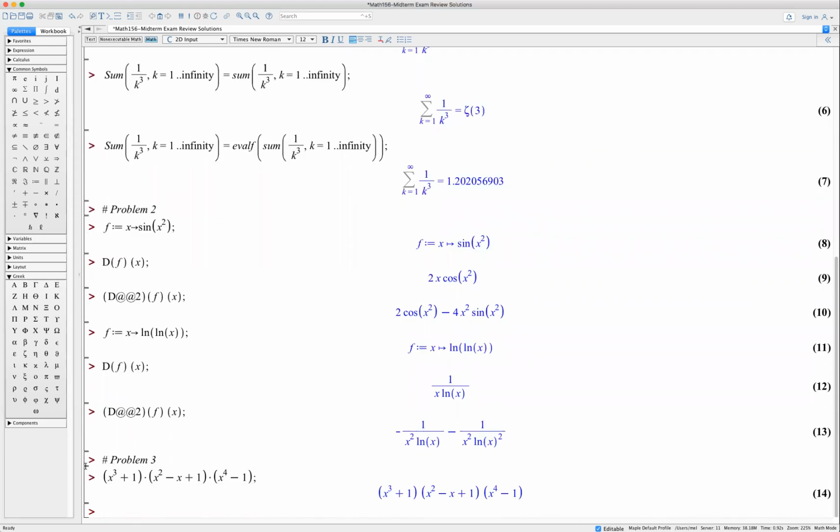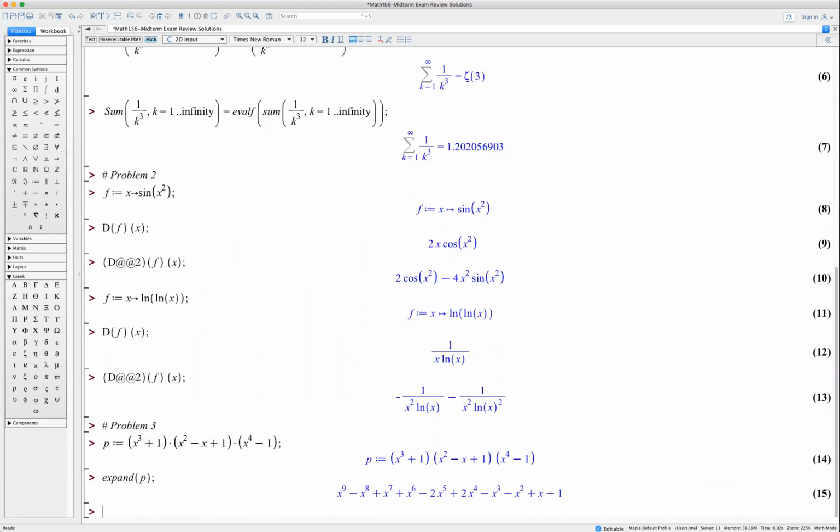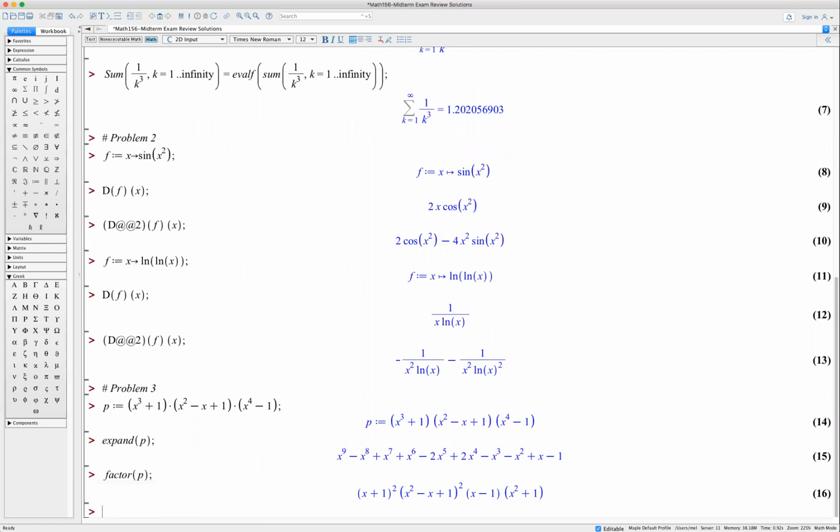If I want, I can just give it a name. I'll just call it P. So if we expand P, that's what we get. That's multiplying it out. And if we want to factor P, we don't get this back because this actually factors. So when you actually factor this completely, this is what you get. It is the product of these 6 different irreducible polynomials.